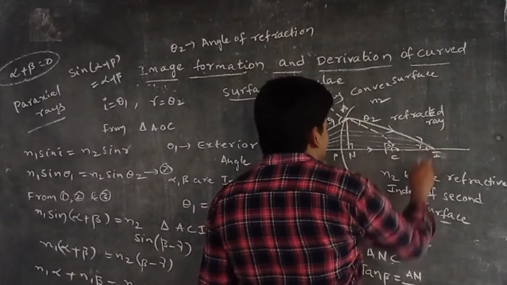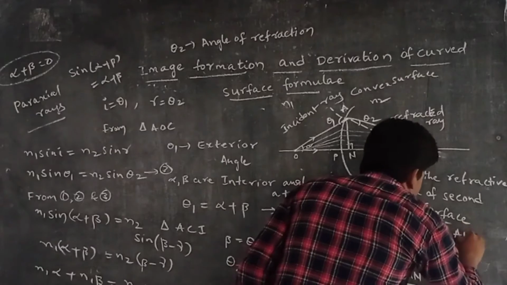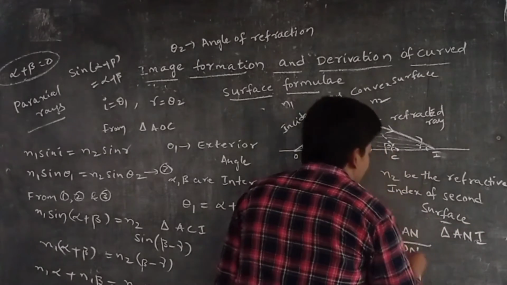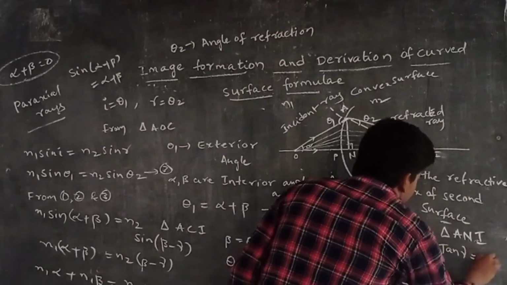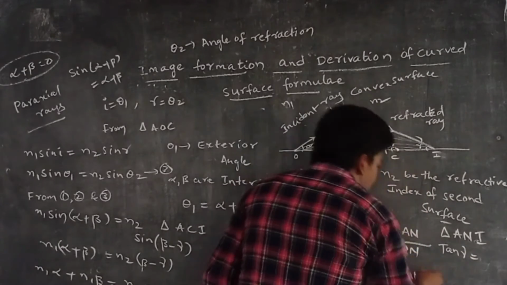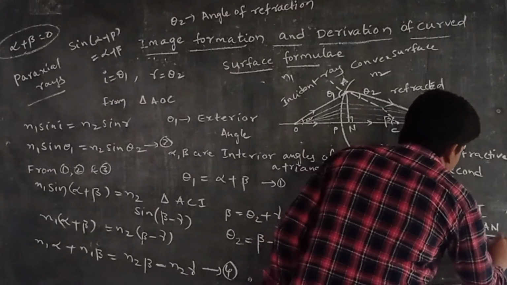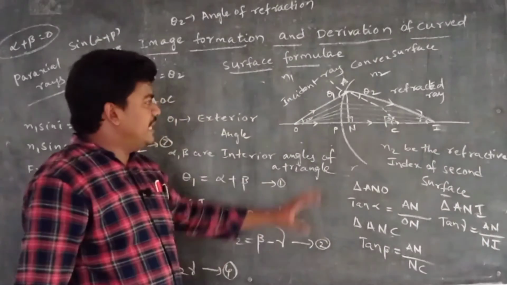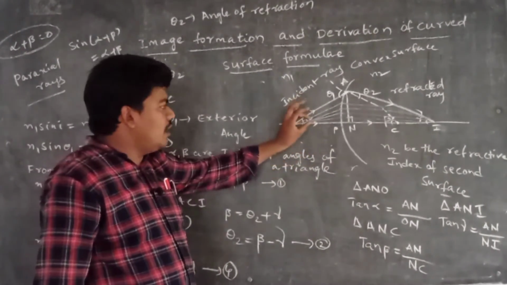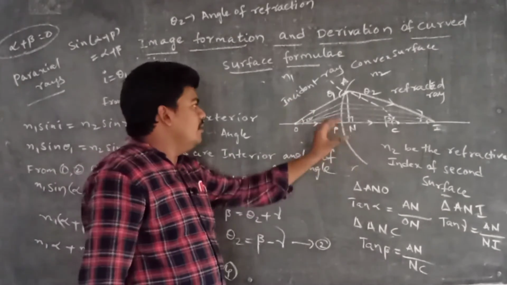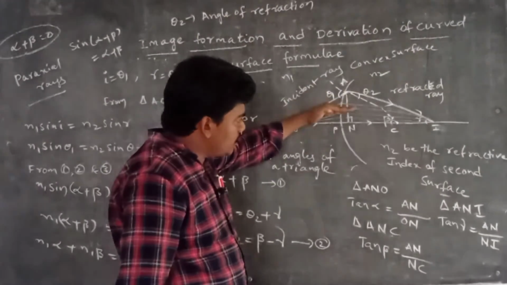From triangle ANI, tan gamma is equal to opposite side AM by adjacent side, what? NI. The angle between these rays is very small, because all these rays are coming towards the principal axis.